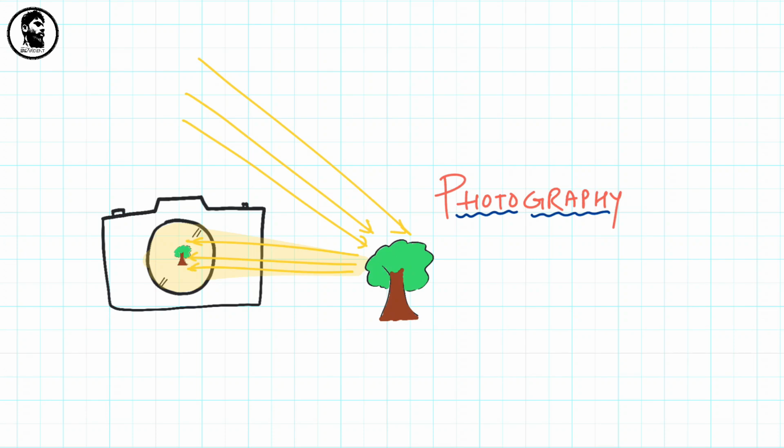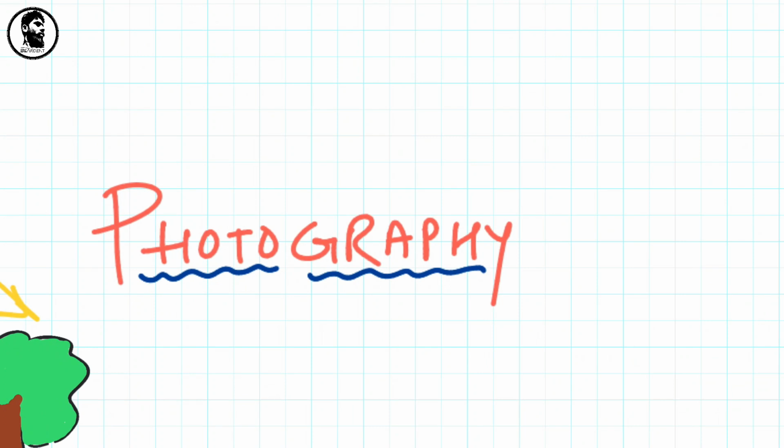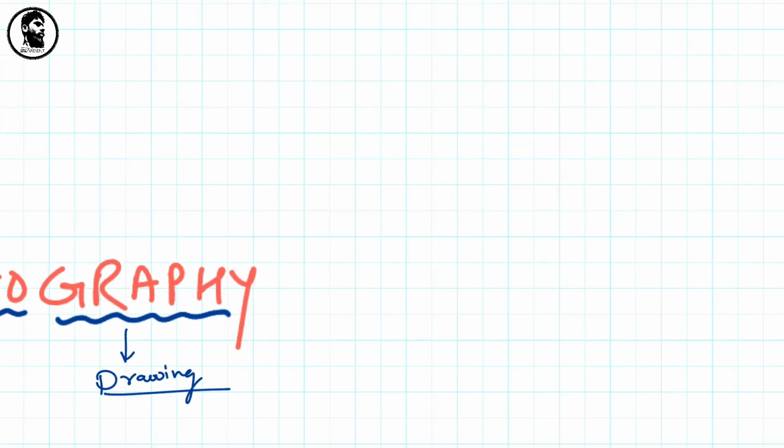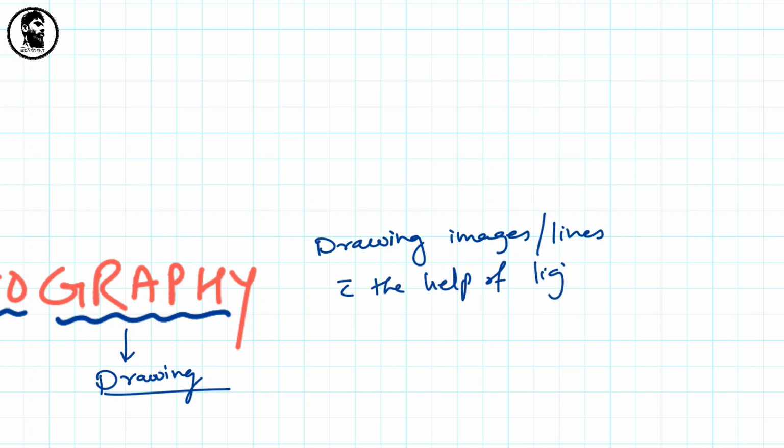Photos is a Greek word which means light, and we draw with it using technology in our camera. So photography is nothing but drawing images with the help of light. So it means that photography is possible when there is light, right or wrong?